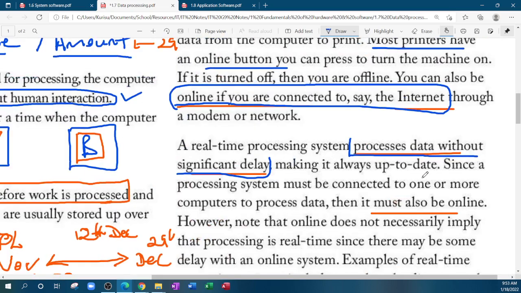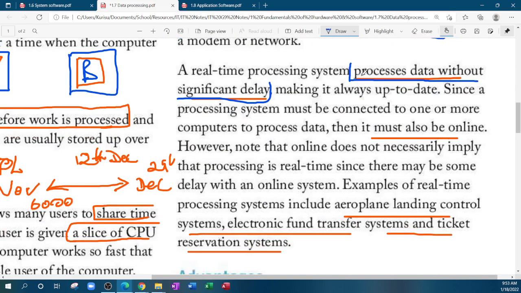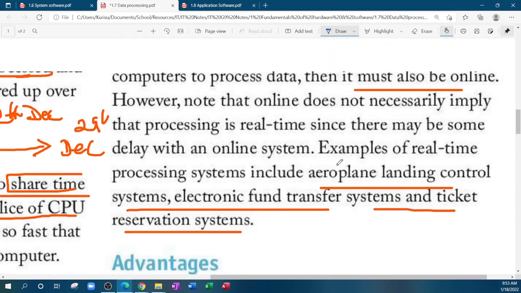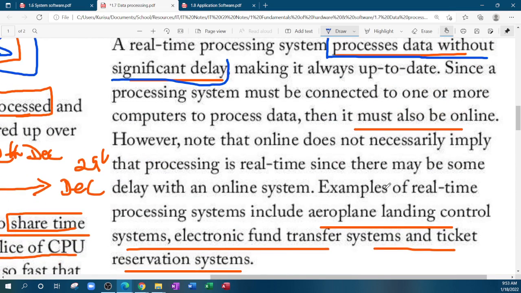But there are some cases where you would want to process your data without delay. You would want to process it right away. So examples of systems that process data right away include the airplane landing control system.